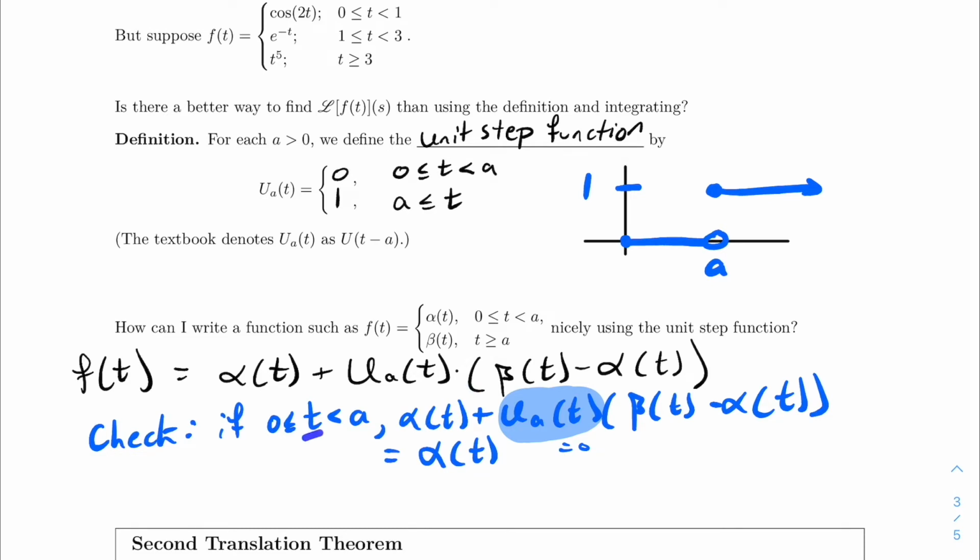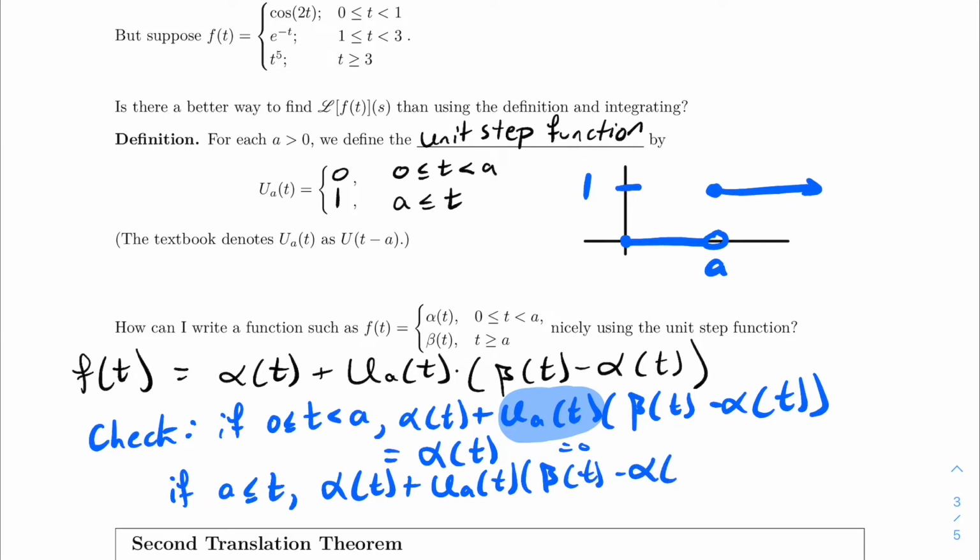And if t is bigger than a, so we'll be on this piece, then what would this be equal to? Well, u sub a of t is now going to be equal to 1. So we get alpha of t plus 1 times beta of t minus alpha of t.